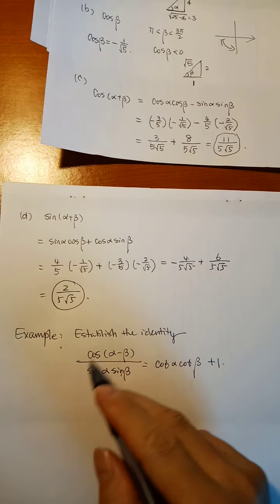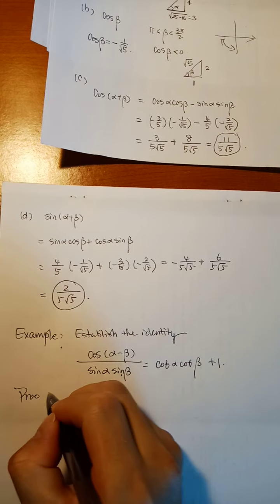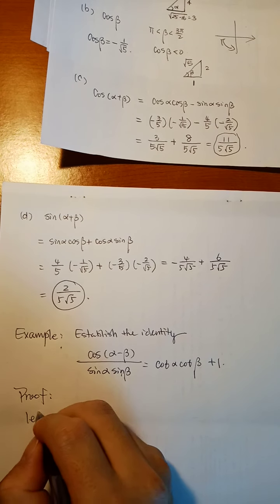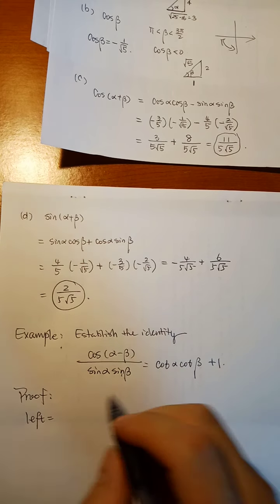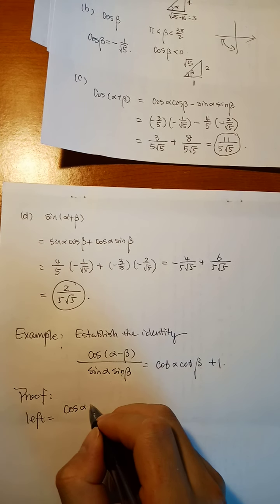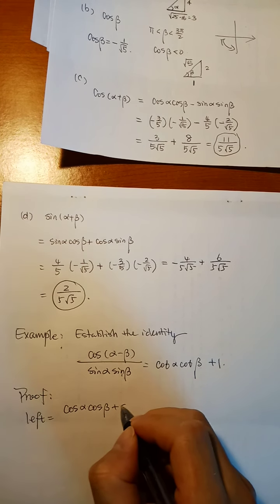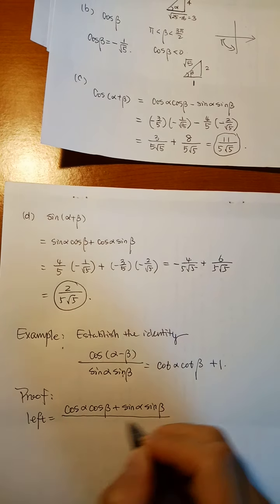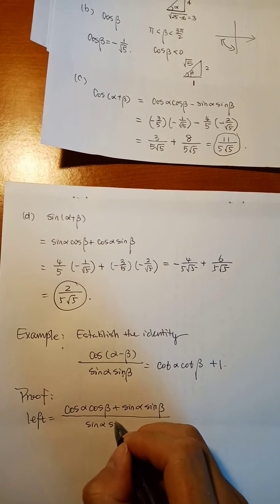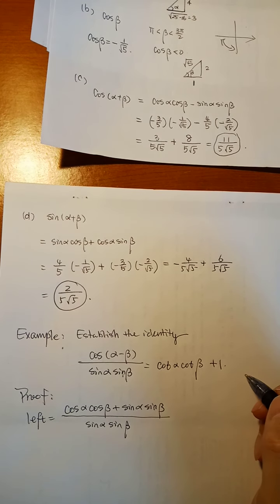Well, we start from the left hand side. You have a difference of cosines, so it's cosine alpha cosine beta plus sine alpha sine beta over the denominator sine alpha sine beta. That's the left hand side.